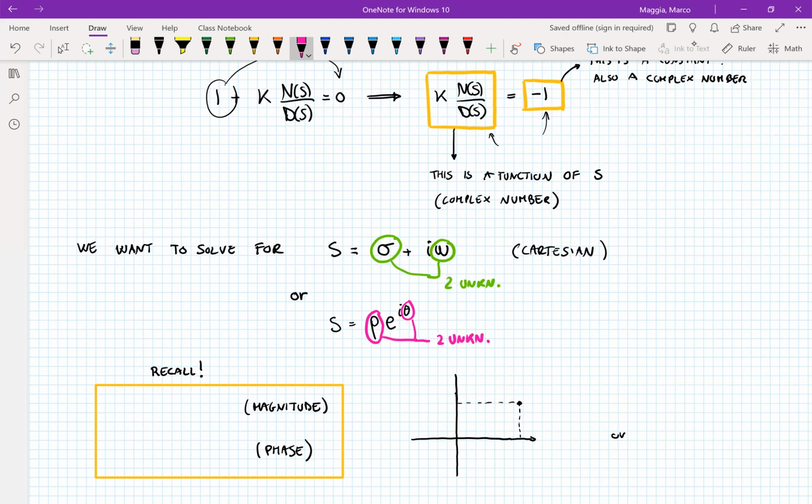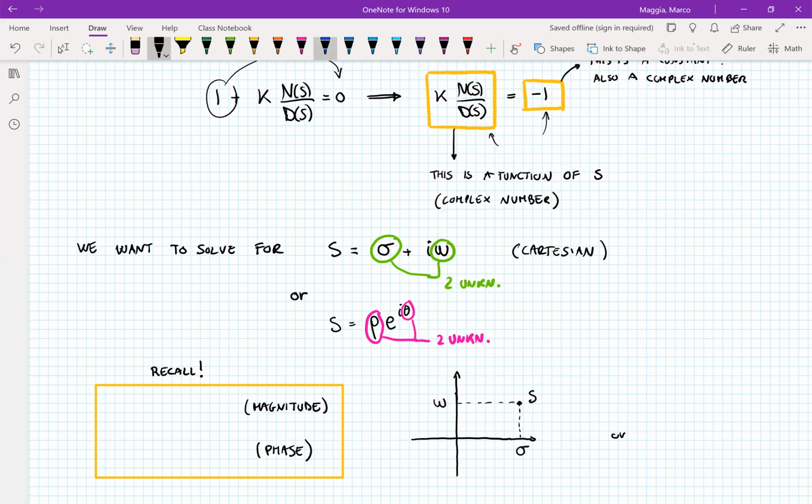The two representations of the same complex number are equivalent. In other words, if our complex number S is a point on the complex plane, then sigma is the real part, or the x component, and omega is the y component, or the imaginary part.